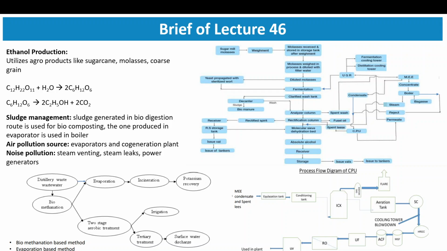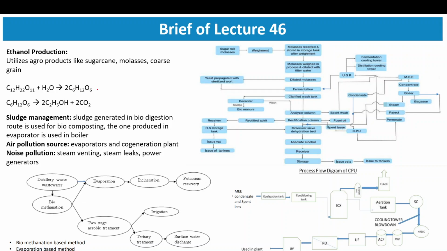And ethanol, as you know, involves sugarcane or sugar-based products, where you can have this reaction, in which sucrose gets converted to glucose and fructose in the presence of enzyme, and this is the most common basic chemistry reaction.